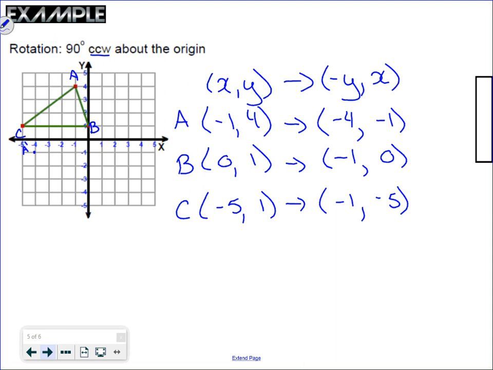B prime is negative 1, 0. And C prime is negative 1, negative 5. So now this triangle has been rotated 90 degrees counterclockwise, so to the left.